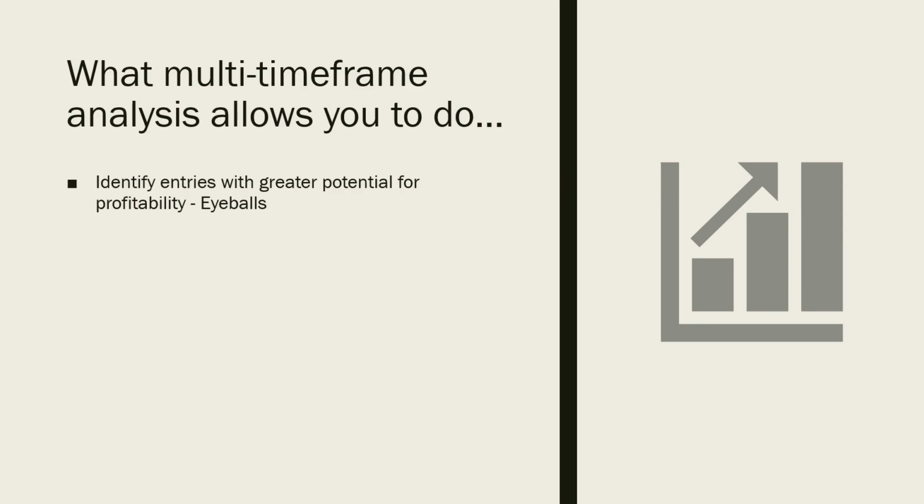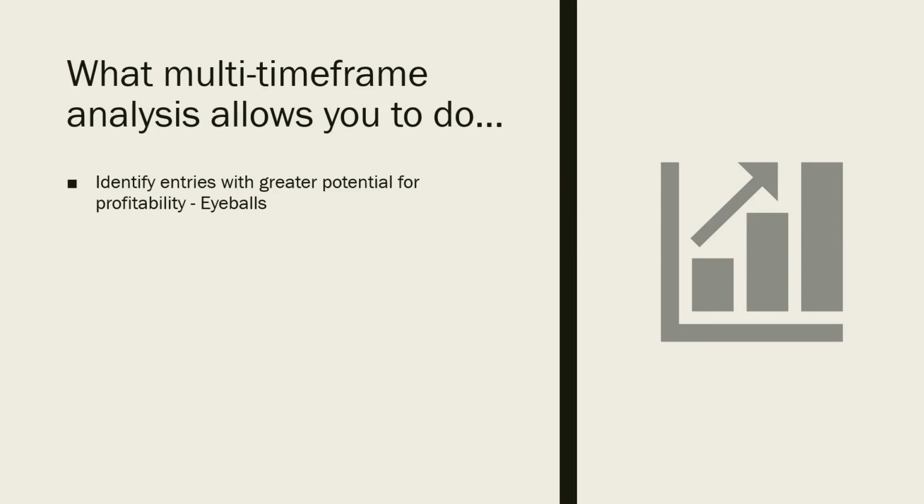The first is that it really helps you identify entries with greater potential for profitability. And the reason why is when there's a setup that's lining up across multiple time frames, and the time frames that I typically look at are the monthly, the weekly, the daily, and the 30-minute.